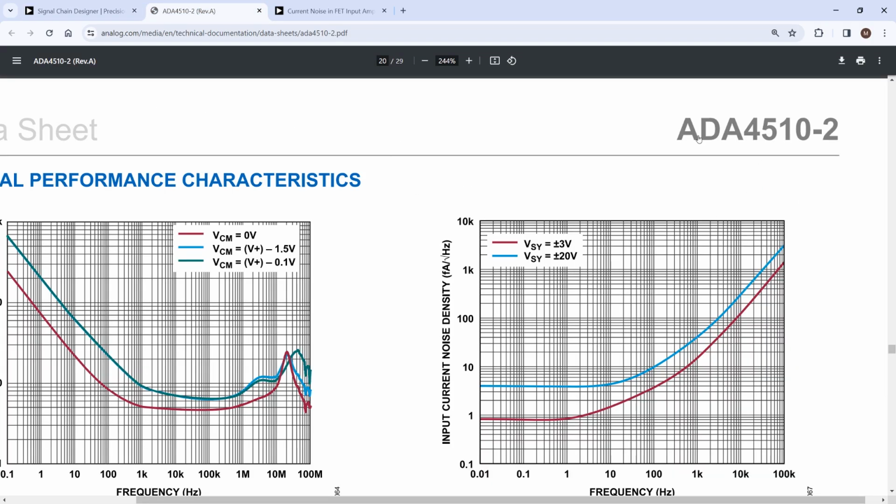So here is an example, this new part, this 884510, and we are using this blue line in Signal Chain Designer. If I go look here, it looks like at 10 hertz I have about 3 femtoamps, maybe a little over. No, a little over 4 femtoamps there.